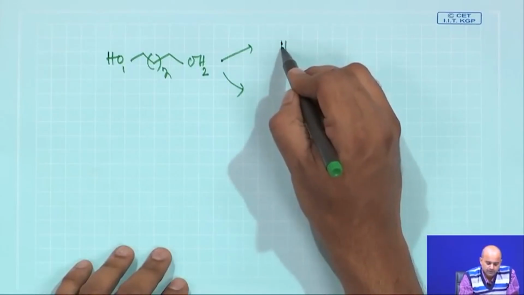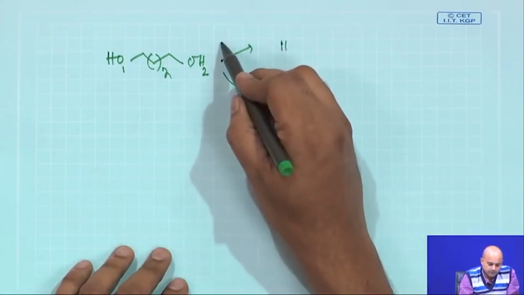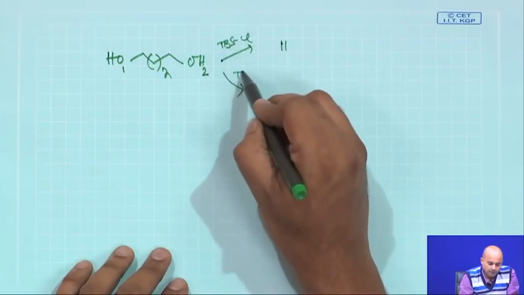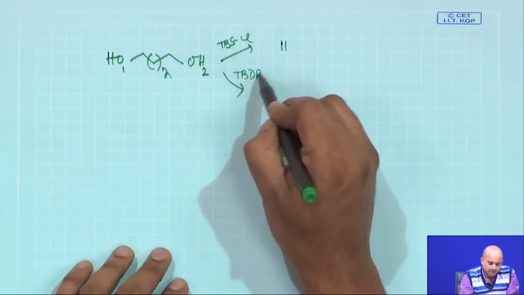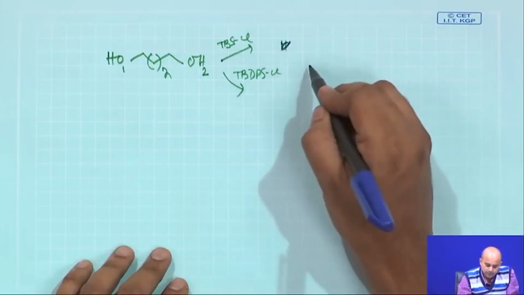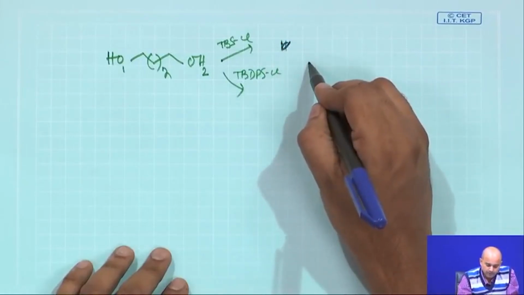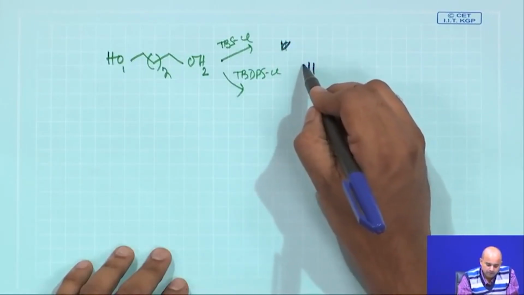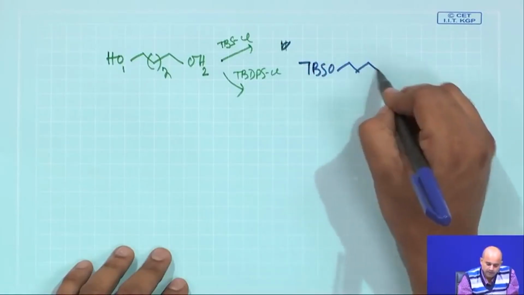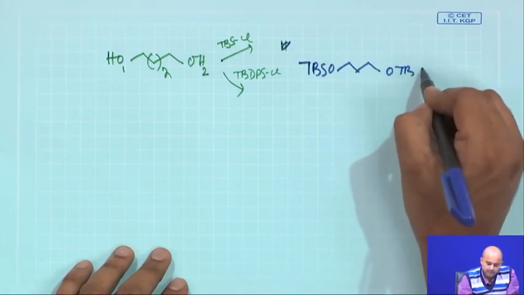Say OH1, you first react with TBS chloride followed by TBDPS chloride. Both the reagents were used together, and then what product will you get? One end is OTBS and the other end is OTBDPS.